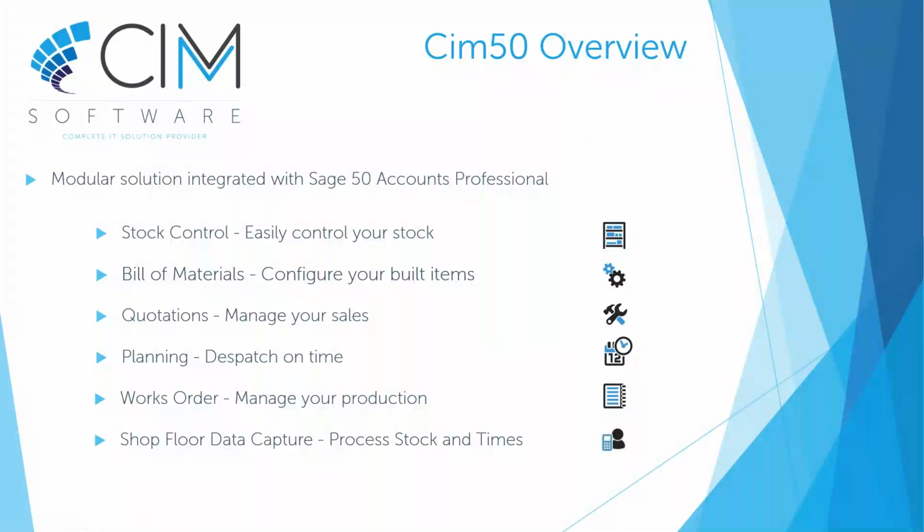The Cim50 Bill of Materials module is one of 6 modules in the Cim50 range. All are integrated with Sage 50 Accounts Professional. We have stock control, bills of materials, quotations, planning, works orders and shop floor data capture. As I say, today we'll be focusing on the bill of materials module.